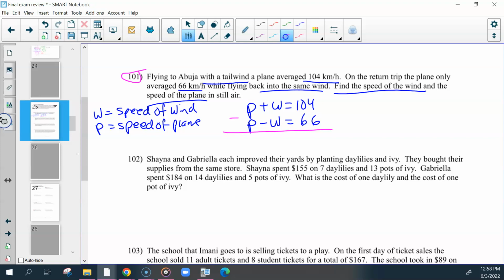That would give me 0 P's. This would give me 2W equals 104 minus 66. I don't know what that is. 38. And divide both sides by 2 so that W is 19 kilometers per hour.